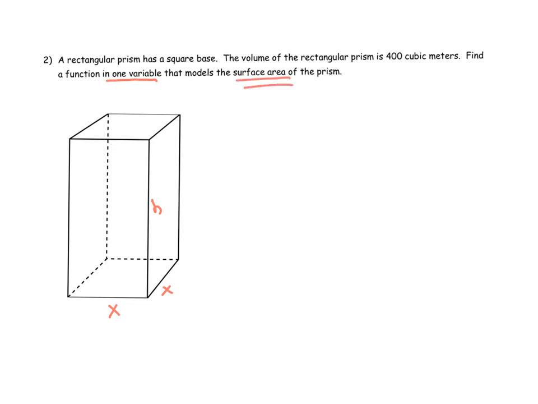So to start, let's just write down what the surface area of this prism would be. So let's say S is the symbol I'm using for surface area. And I know that the surface area is equal to the bottom area plus the top. So each of those has area x squared. So it's 2x squared. Okay, so that's the top and bottom.